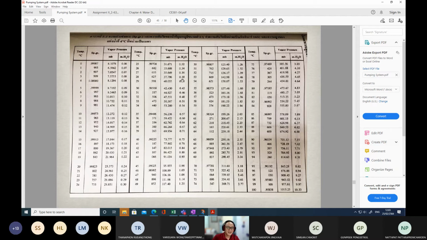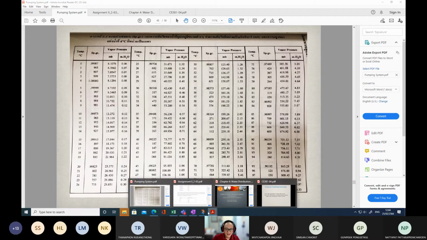Like the vapor pressure shown in this table. This table also shows information with respect to 4 degrees Celsius, but whenever we want to apply this information at various temperatures, we have to correct the value. So how can we correct the value?